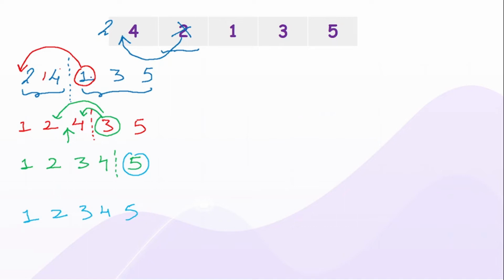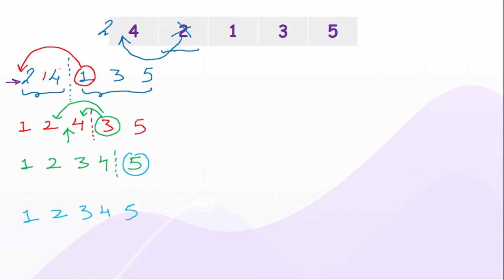One thing that you would have observed is to find the correct position of a number, what we are doing is we are comparing it with the numbers present at its left. So if I take the first case, what I did was I compared 1 with 4. Since 1 was smaller than 4, I further compared 1 with 2. And again 1 was smaller than 2.